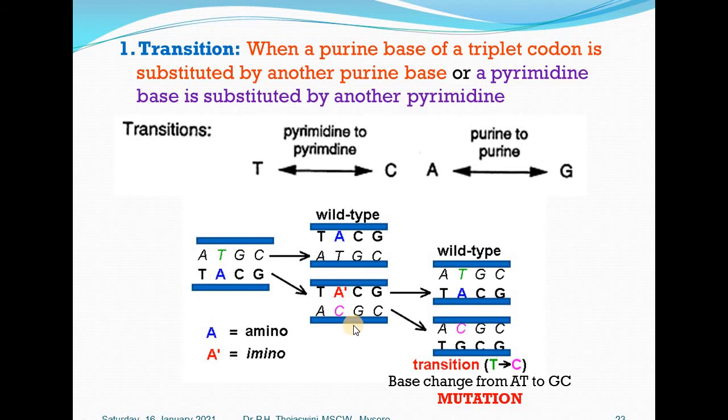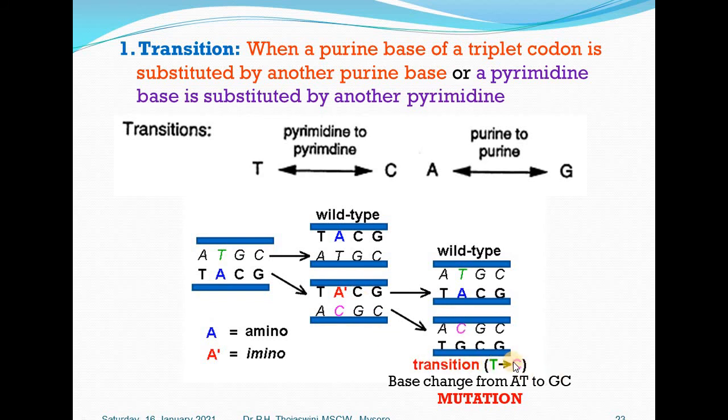But the opposite strand, when it undergoes replication, ACGC, which is formed here, forms a proper typical Watson and Crick pairing, and TGCG is going to be formed. You can see one wild type is restored, but because of the alteration at this particular step, another mutant is being formed over here. In this case, there is a transition from thymine to cytosine.